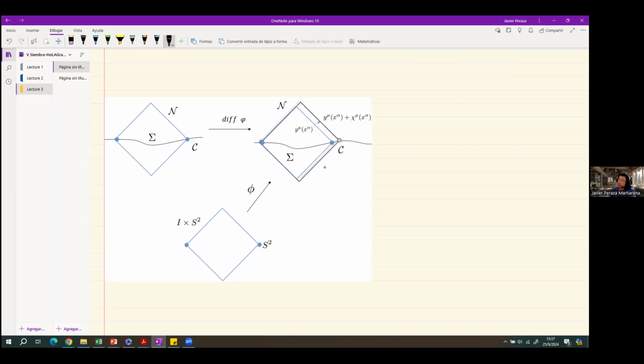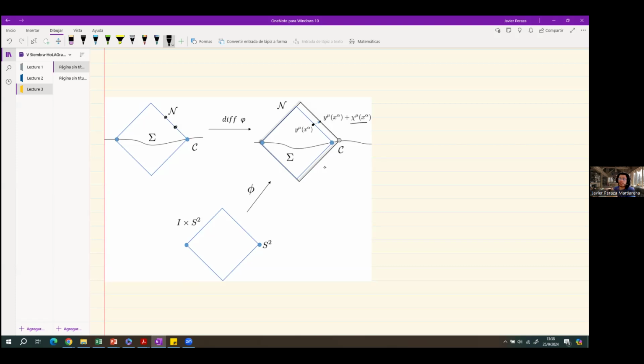And when you act with a diffeomorphism, each point in the null structure, let's assume that we are here at Y mu, this point will be moved away infinitesimally by some vector, which we call chi mu, and this chi mu depends on the diffeomorphism. But also, if we consider the embedding of the surface, this also will be moved by the same chi.